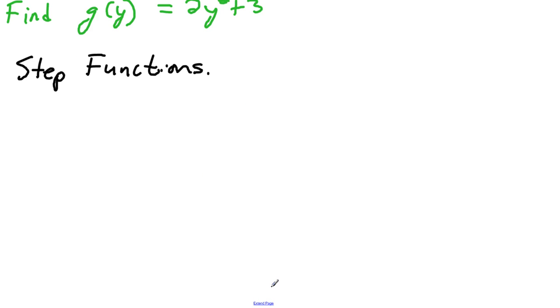Okay, then they kind of throw one thing at you called a step function. Now, in this case, they really don't even get too deep into it. It's almost like a word problem. I know y'all don't like word problems, but we'll throw this out here so you can see it.